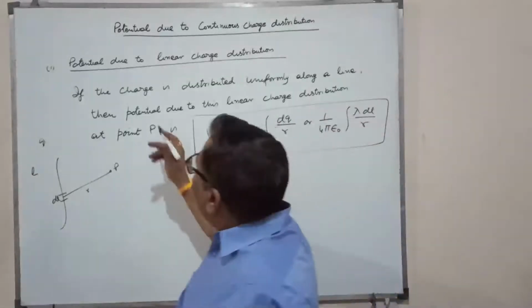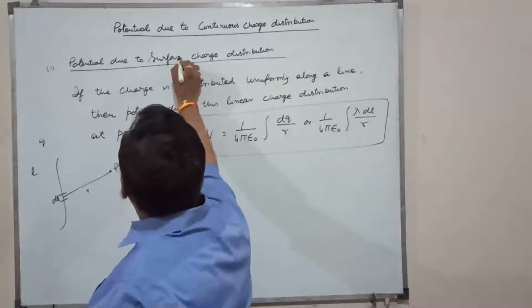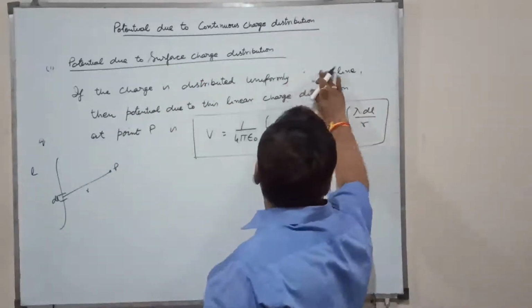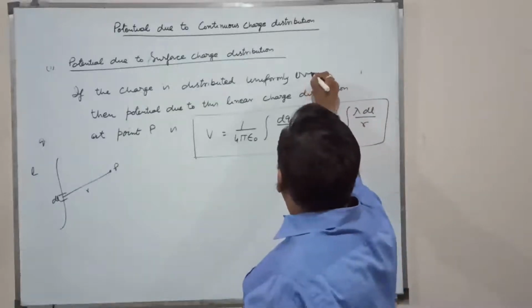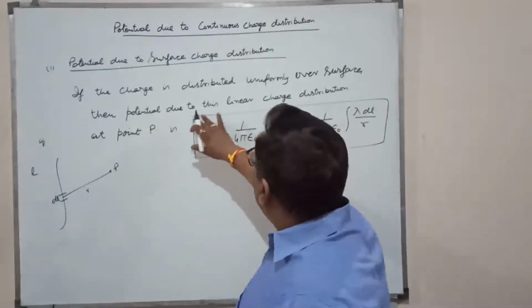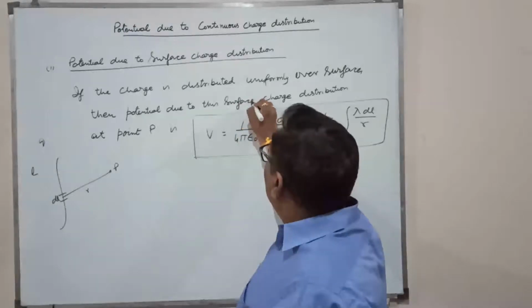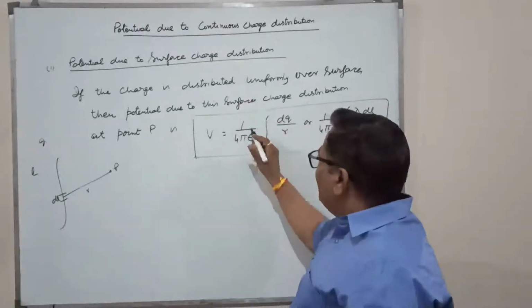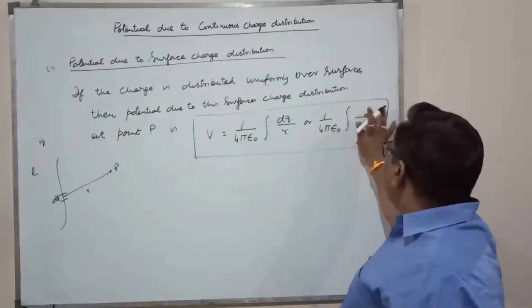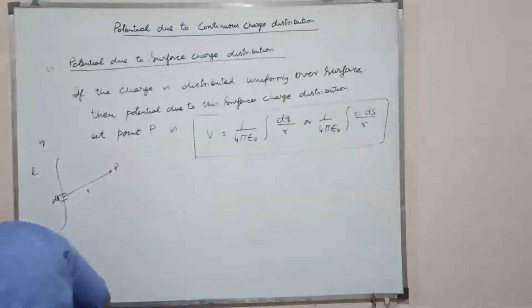And in the same way, the potential due to the surface charge distribution. The charge is uniformly distributed over the surface. Then the potential due to this surface charge distribution is given by 1 upon 4 pi epsilon 0 dq upon r, and dq changes to sigma ds.